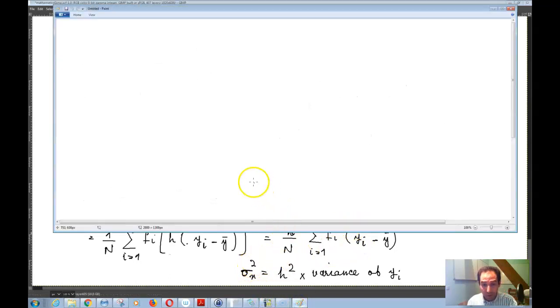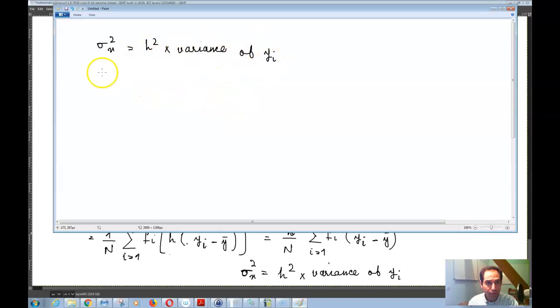So I can write the variance of the variable x is equal to h squared times the variance of y of i.